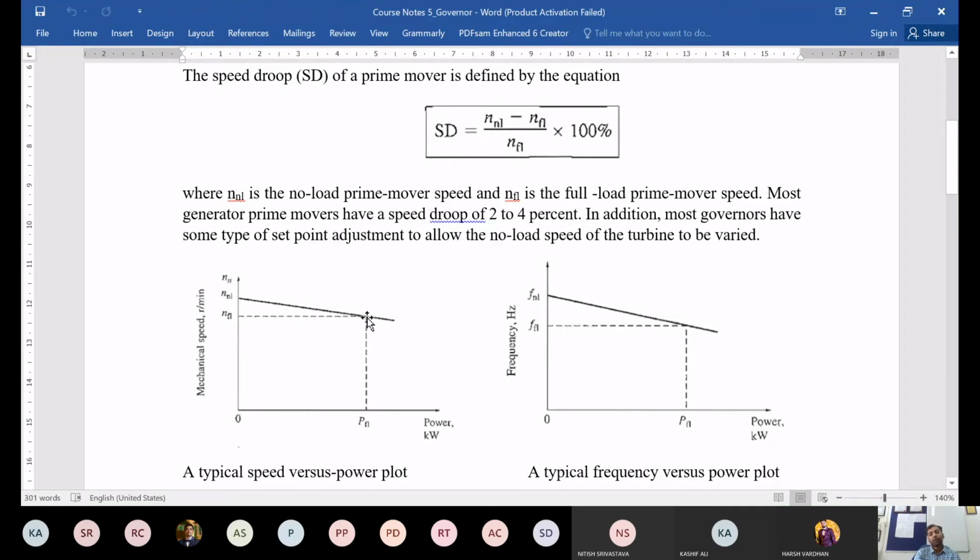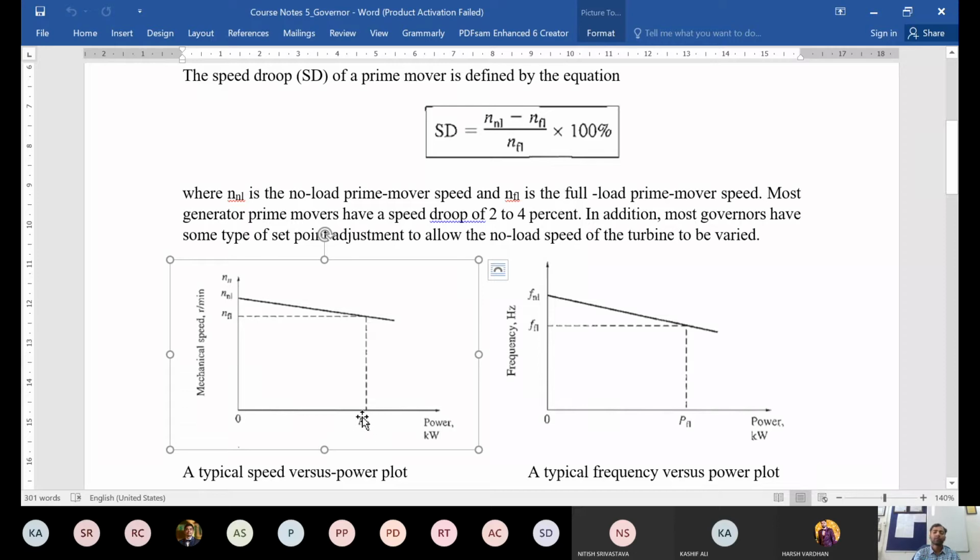Now, let's say the power demand increases. That means we will be shifting from here to somewhere higher on the positive x side. So if the power demand is greater than PFL, the new P2 will be greater than PFL, somewhere on this side. And as you can see, as per the speed droop curve, the speed will tend to decrease.